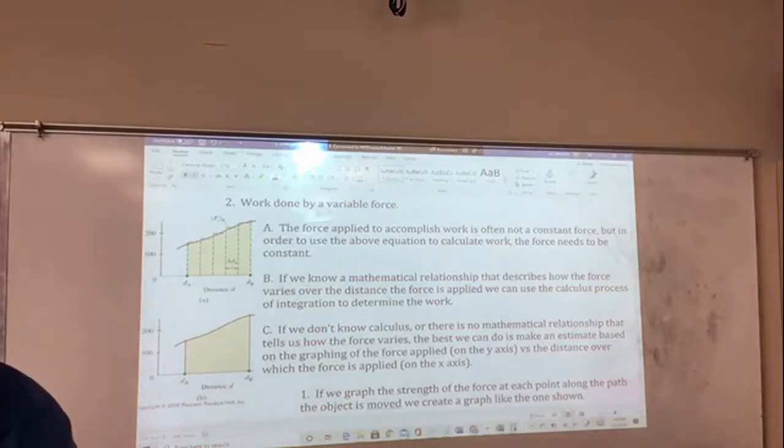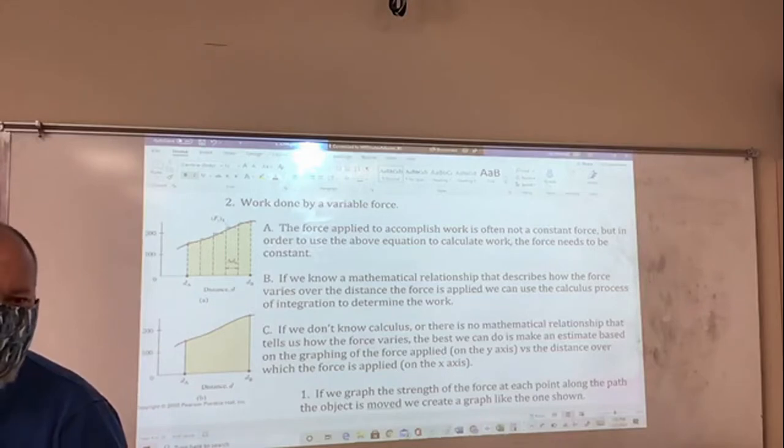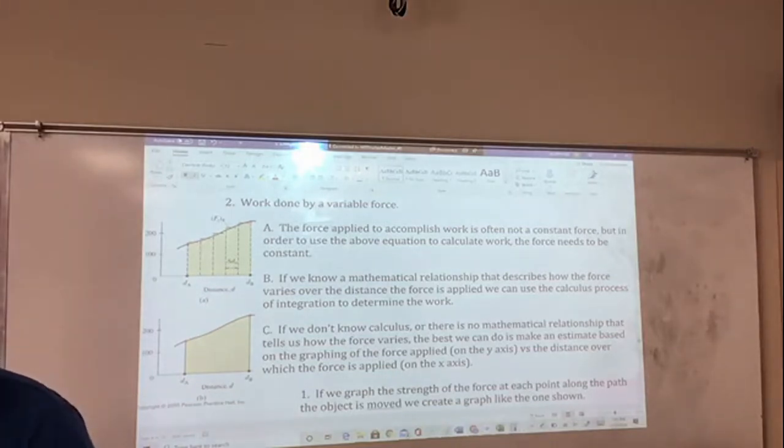But when I go to push something, the instant I start pushing, am I at the maximum amount of force that I'm using, right? I'm not, am I? I start with just a gentle touch, but then as I use more force, I get to a point where I have a maximum amount, and then as I start to back off, the amount of force backs off as well.